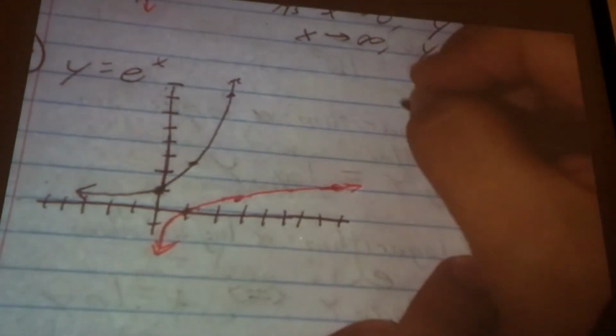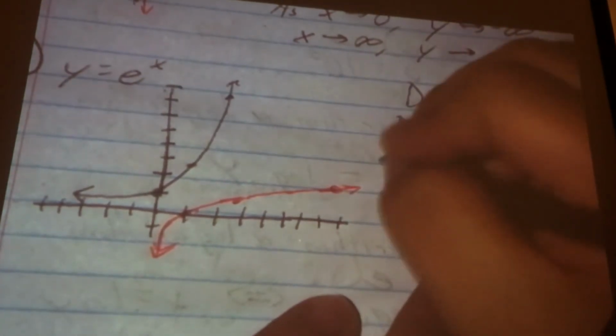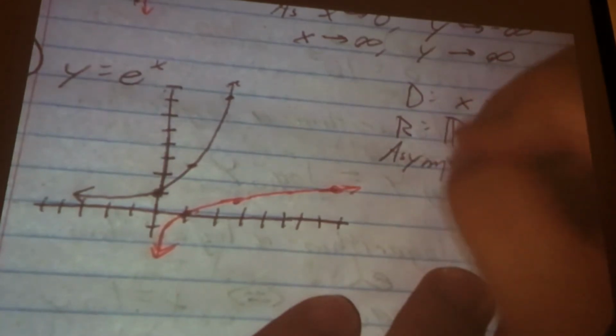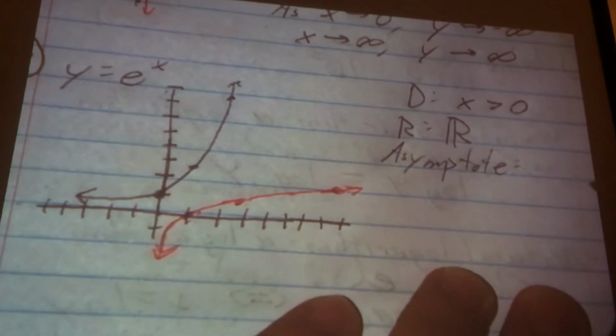Okay. So again, what's my domain? X greater than 0. Range, all real. Asymptote?